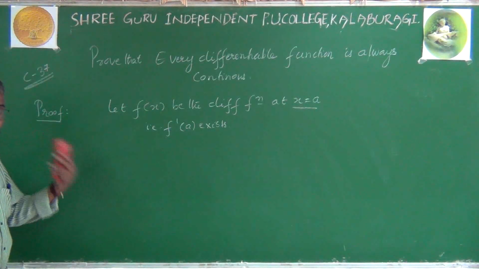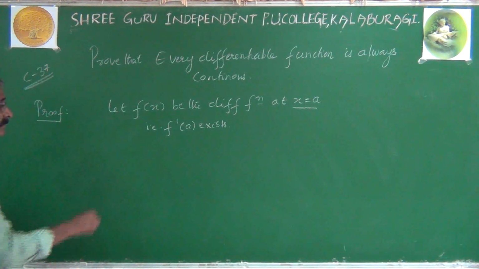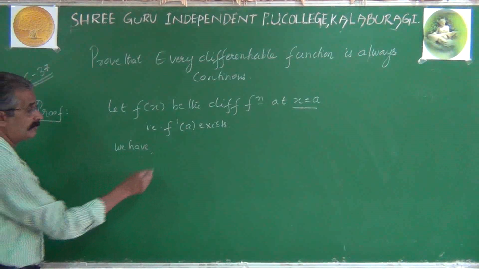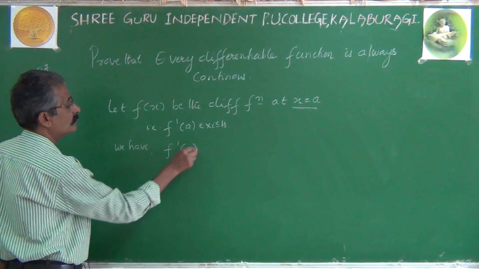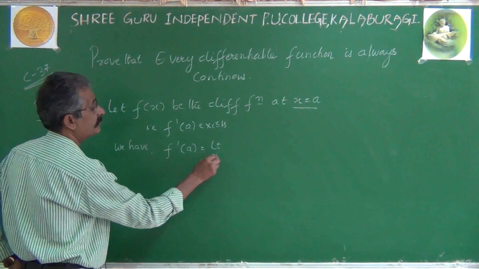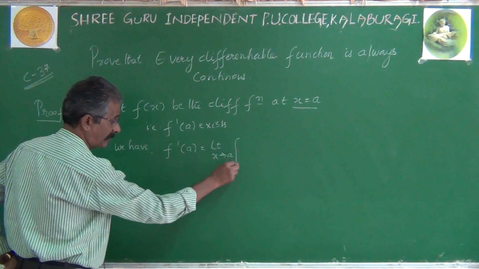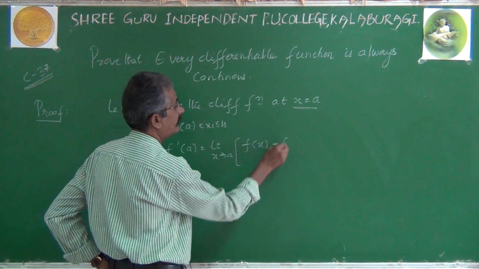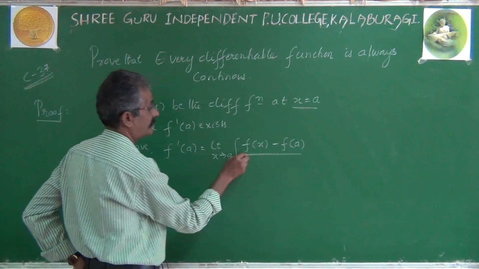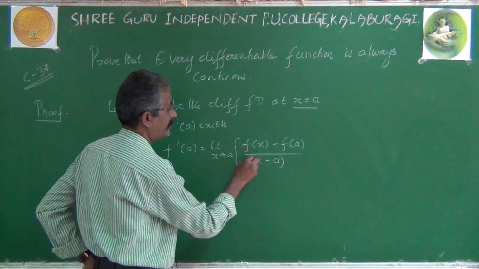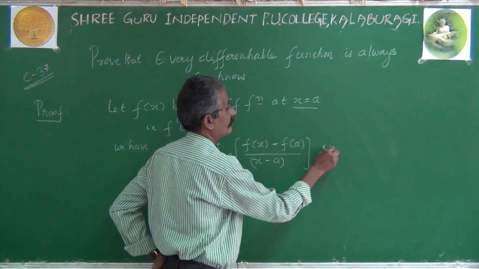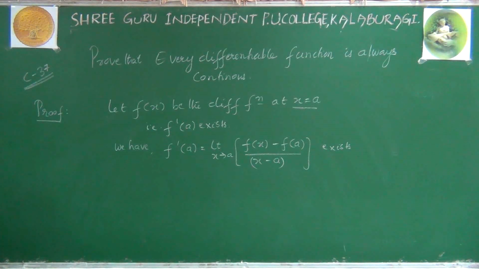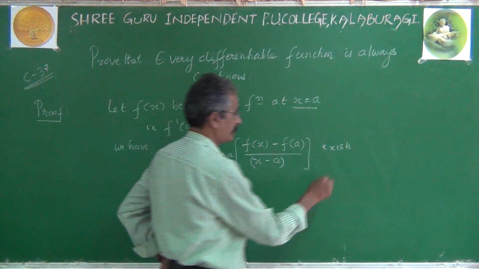And further, from yesterday's class, we know the formula for f dash a. We know that f dash a equals limit x tending to a of f of x minus f of a divided by x minus a. Recall yesterday's class notes. This quantity's limit will exist. That's the meaning. You may call this equation 1.